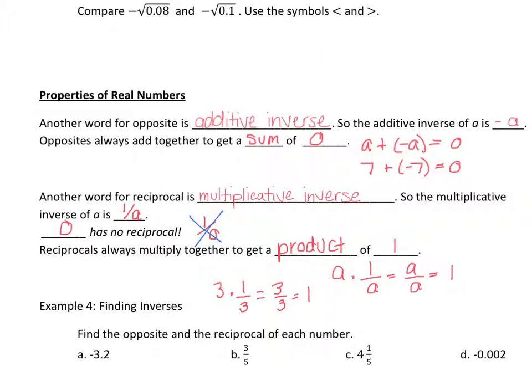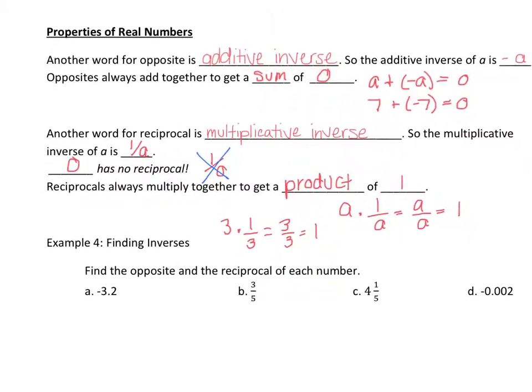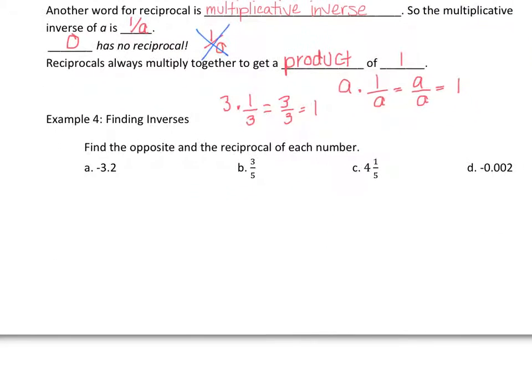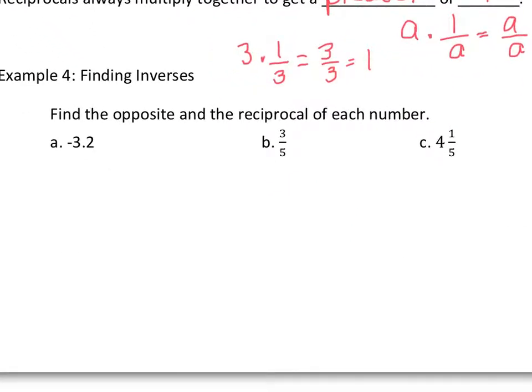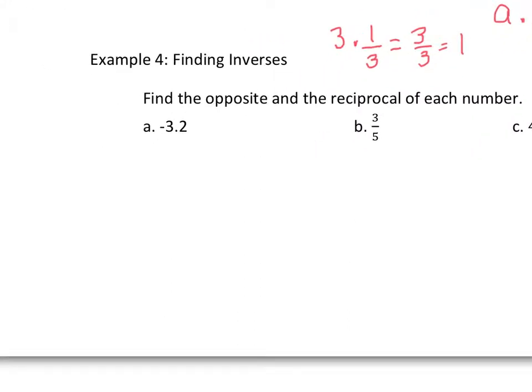We got additive inverse and multiplicative inverse. Additive is the opposite. Multiplicative is the reciprocal. So let's find those things.